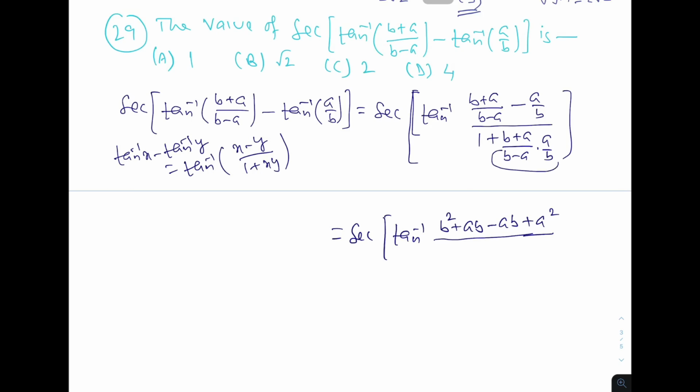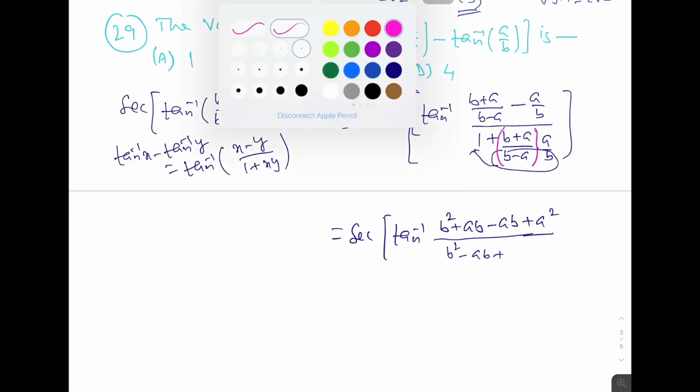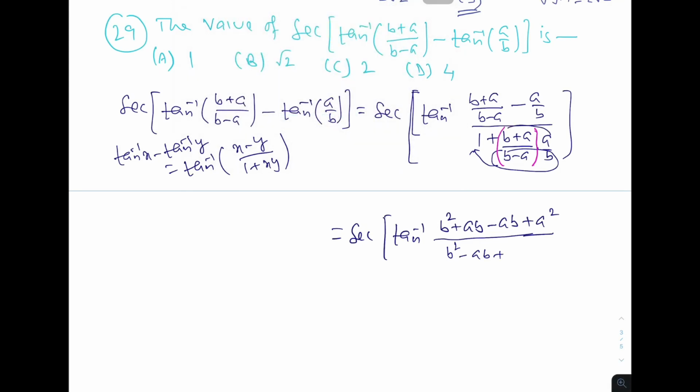And similarly here b square minus ab plus, now this is a times (b plus a), so we need to multiply. So this a is multiplied here, a is multiplied here, so plus ab and plus a square.